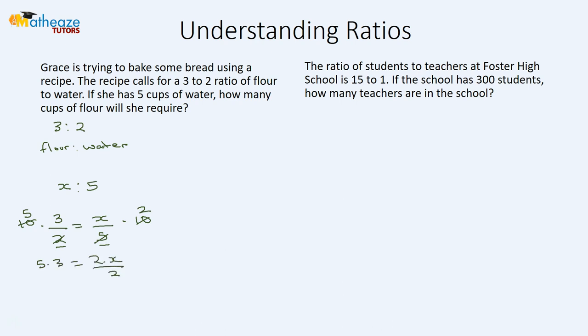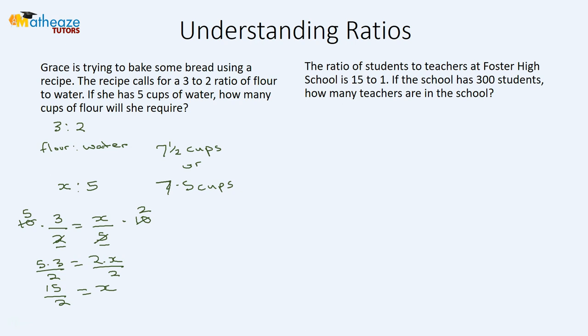Let's divide by 2 on both sides. So 15 over 2 is equal to x. When we simplify that, she's going to require 7.5 cups. If you plug this in a calculator, you will get 7.5. Or if you convert the improper fraction to a mixed number, you get 7 and a half.